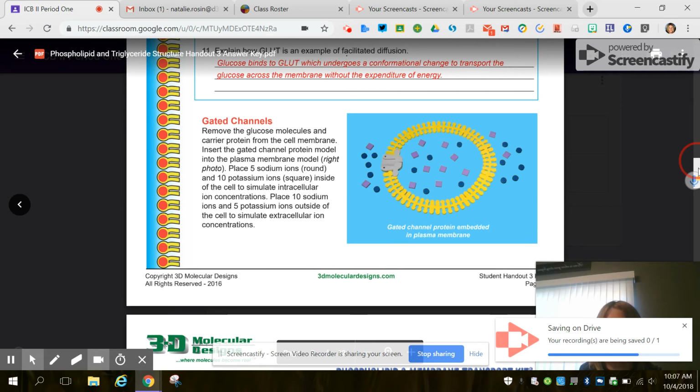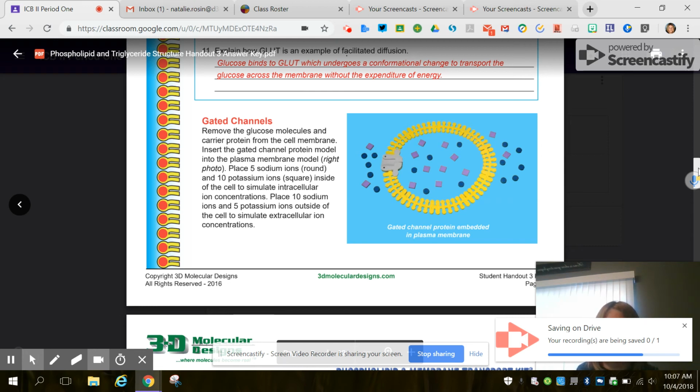Specifically, they focus on the sodium and potassium ions moving in or out of the cell, not the pump. If it is moving in a gated channel, so it is regulating and checking to see which way it is moving, gated channels are passive.